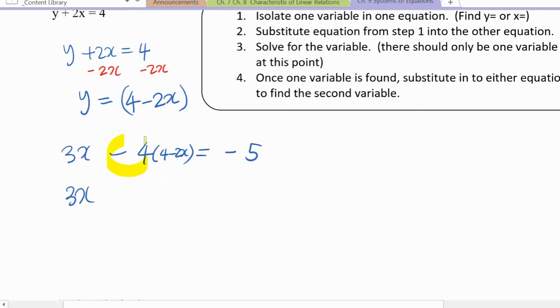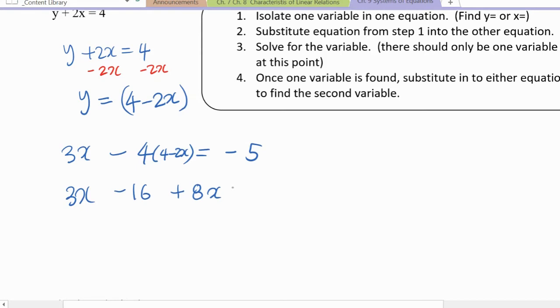So 3x minus 4, you have to distribute this. Negative 4 times 4, negative 4 times negative 2x. Negative 4 times 4 is negative 16. And negative 4 times negative 2x: negative 4 times negative 2 is positive 8x.